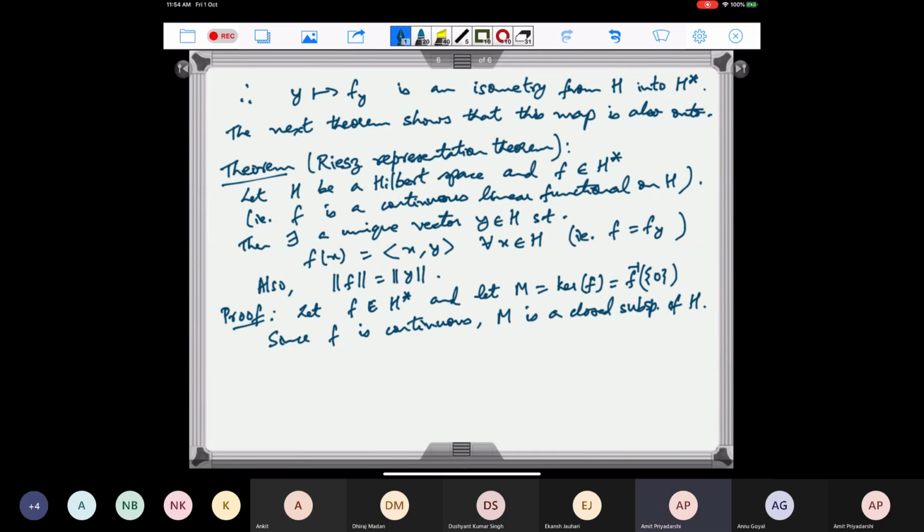Now there are two cases: either this M is equal to H, or M is a proper subspace. So if M is equal to H, then that will mean that f x is equal to 0 for all x in H. So in this case, we can take y is equal to 0.